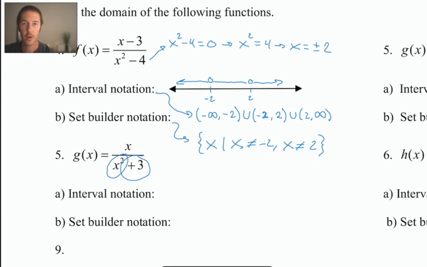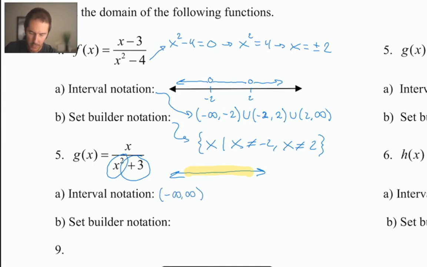Therefore, our domain, the list of x values that we're allowed to plug into this function, the domain consists of all real numbers, from negative infinity to positive infinity. So whether that means you're shading the entire number line, or in interval notation, you would list from negative infinity to positive infinity.